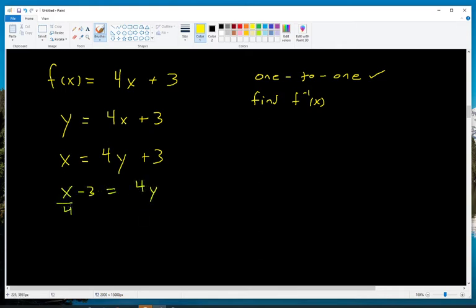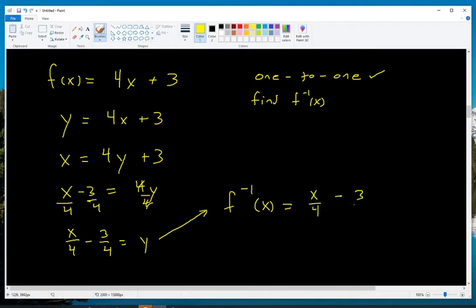I need to divide everybody by 4 to get the y by itself. So I got x over 4 minus 3 over 4 is my y. That is my inverse, so I write this as f inverse of x equals x over 4 minus 3 over 4, and that's my answer.